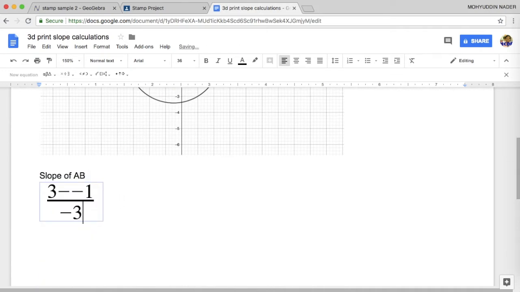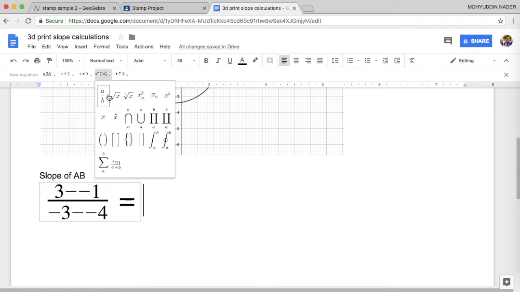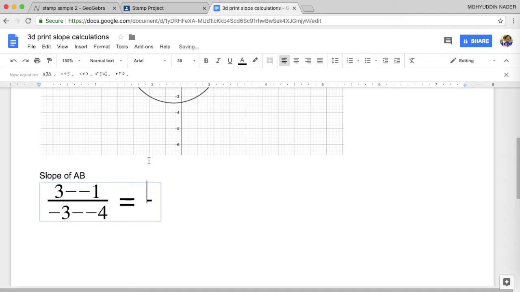So negative 3 minus negative 4. So that's going to give me another fraction here. 3 plus 1 is 4, and negative 3 plus 4 is 4 minus 3, which is 1, which means the slope of AB is 4.